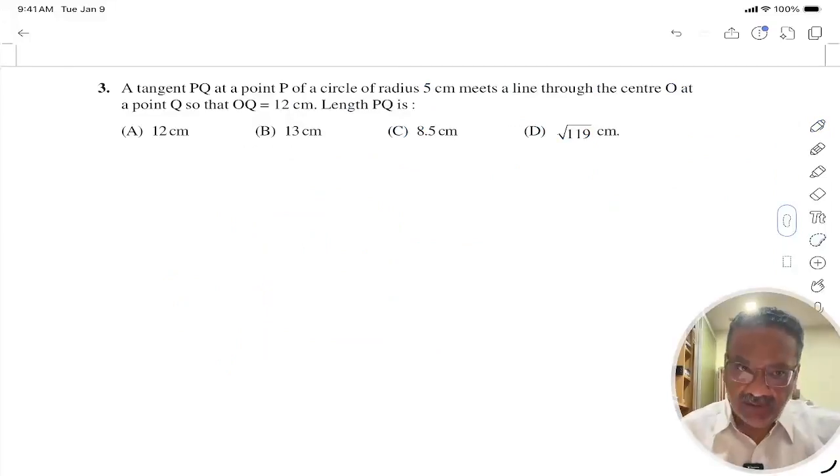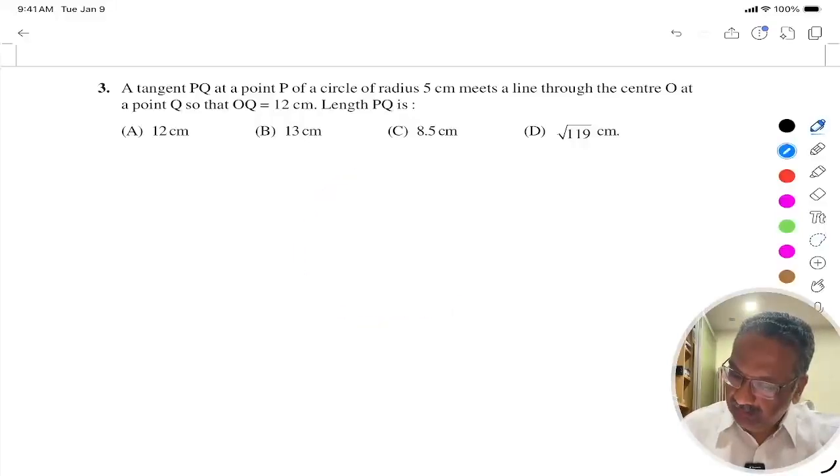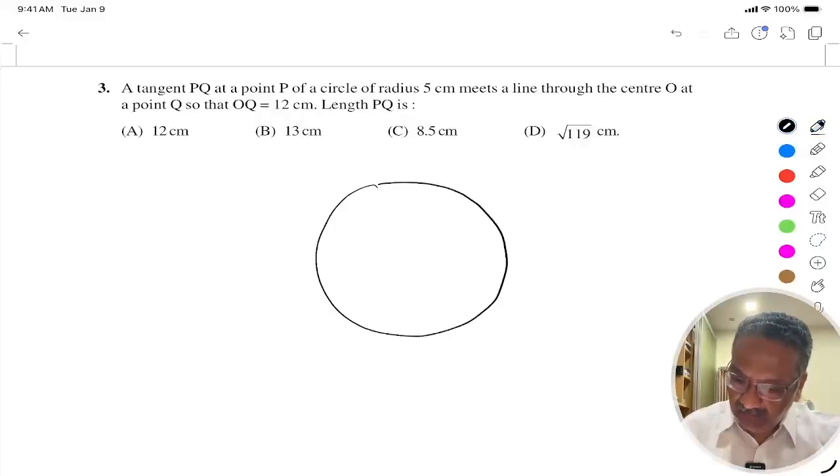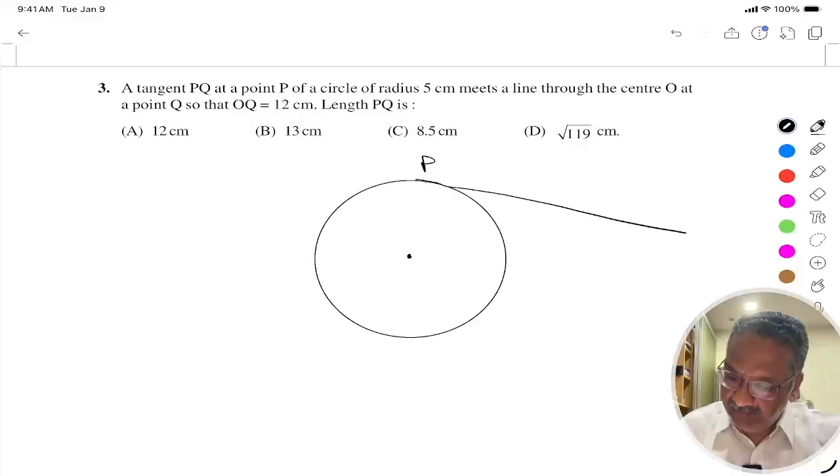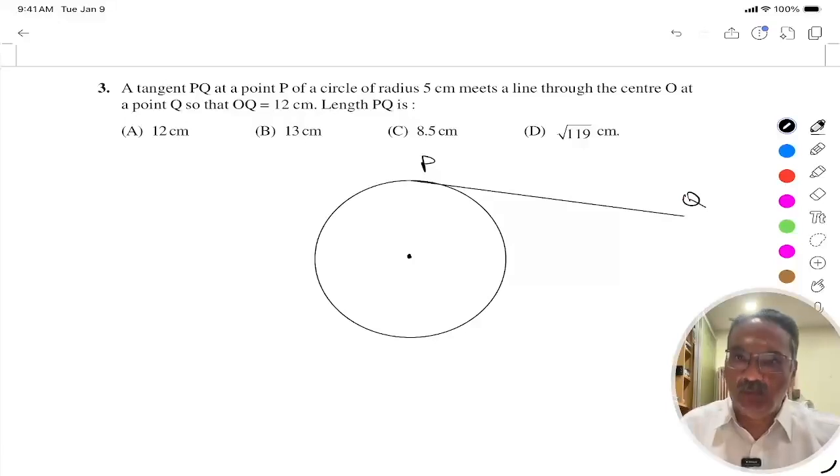Let's come to the third question. The question says a tangent PQ at a point P of a circle of radius 5 centimeter. Let's draw it. So we have a circle. There is one point P here, and there is a tangent at this point P. So this is PQ, which is the tangent.